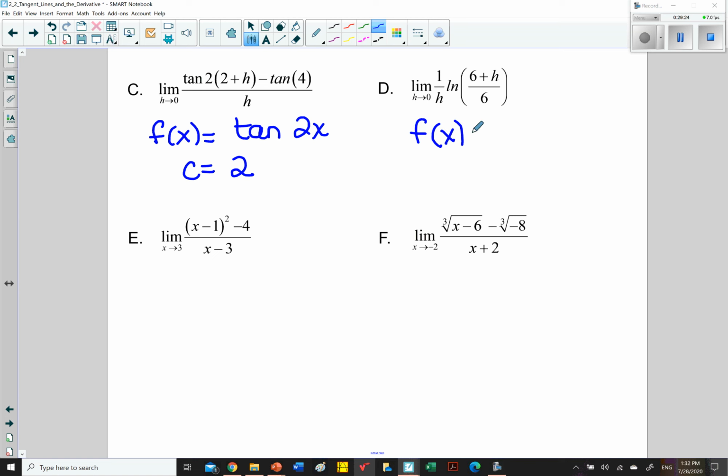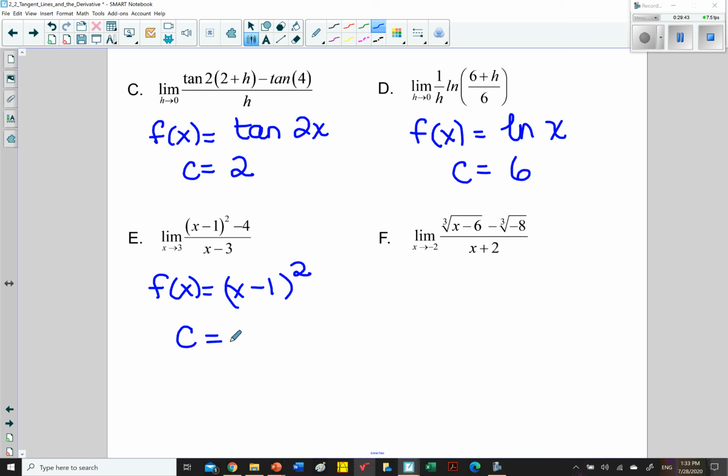In letter D, the function is natural log of x, and the c value is 6. In letter E, the function is x minus 1 squared, and the c value is 3. And in this last case, it's the cube root of x, and the c value is -2.